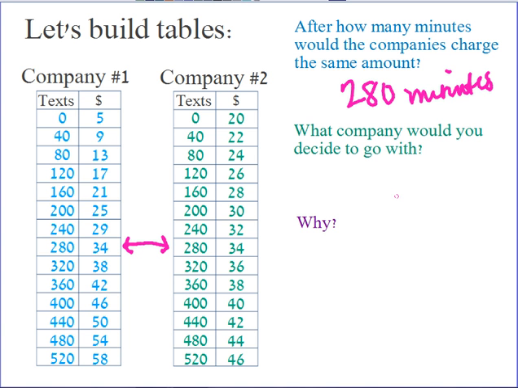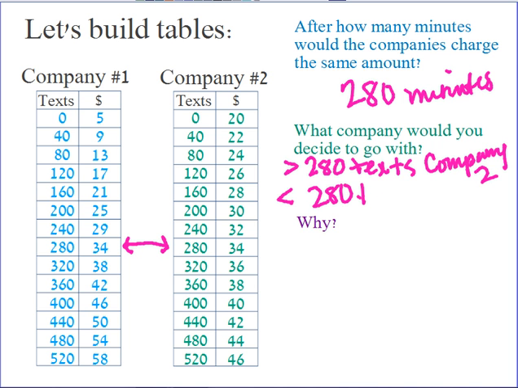So which company do you decide to go with? What if you texted more than 280 text messages in a month? Which one would be better then? That would be company 2. And if I send less than 280 text messages, like your parents do, then which one would be the better deal?